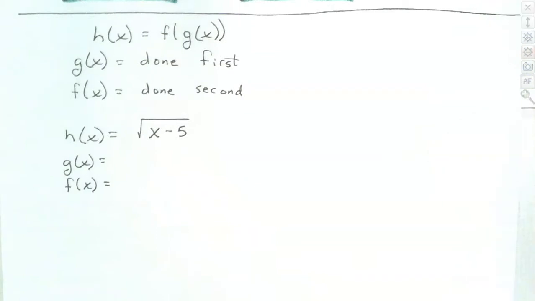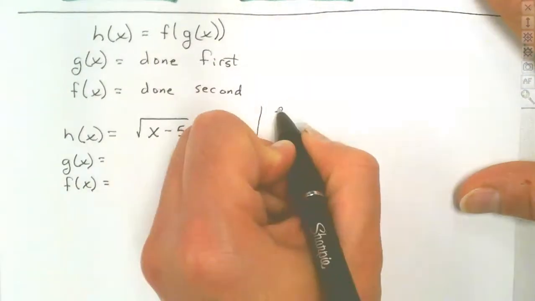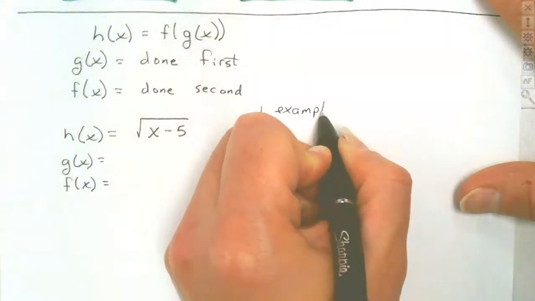All this is an order of operations game. What do I do first? If you're given this problem, do you do the square root first, or do you do what's underneath that root first? So what's going to go first? Whatever's underneath, right? Order of operations. Here's just an example with numbers.